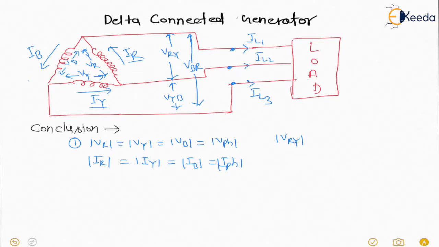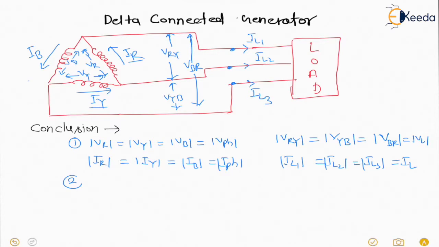The line voltages mod of VRY will be equal to mod of VYB, equal to mod of VBR, equal to mod of VL, and mod of IL1 is equal to mod of IL2, equal to mod of IL3, equal to IL.